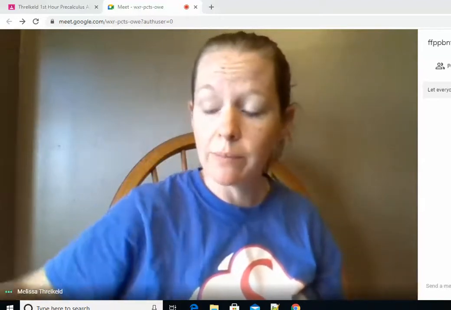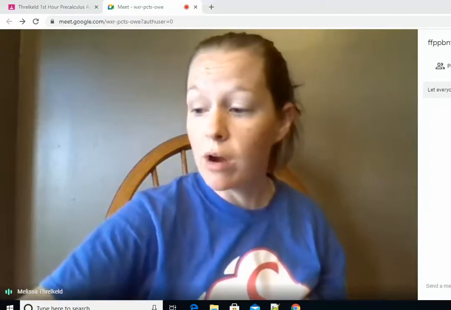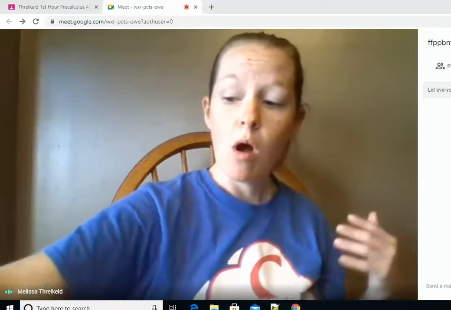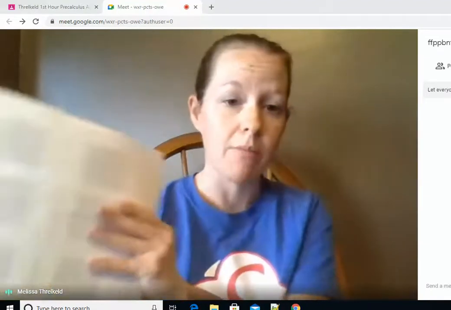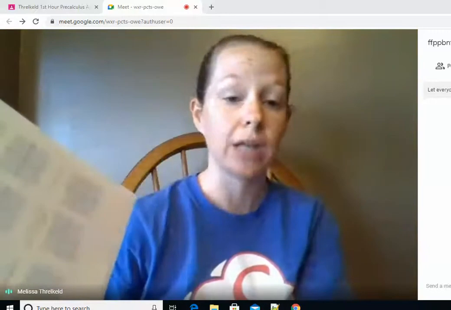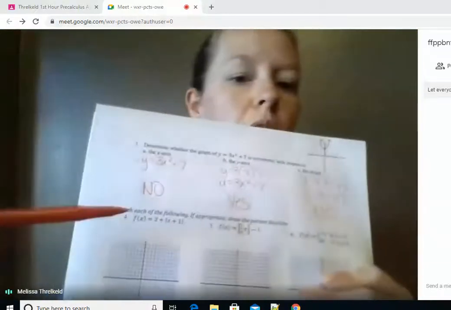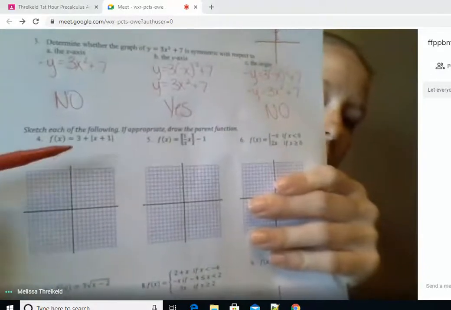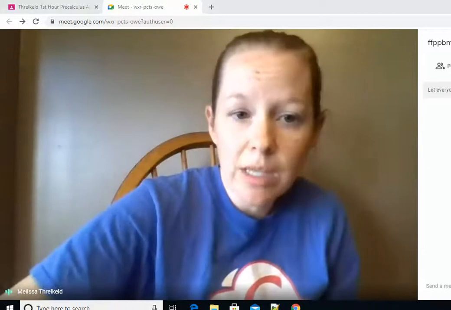So you would be expected to draw a parent function on 4, 7, and 9 here. So on these, I am looking for exact points, a minimum of 3 on both the parent function and the final graph. Number 4, what's our parent function? Just a V. Yep. So exact points, it's just like making a t-chart.